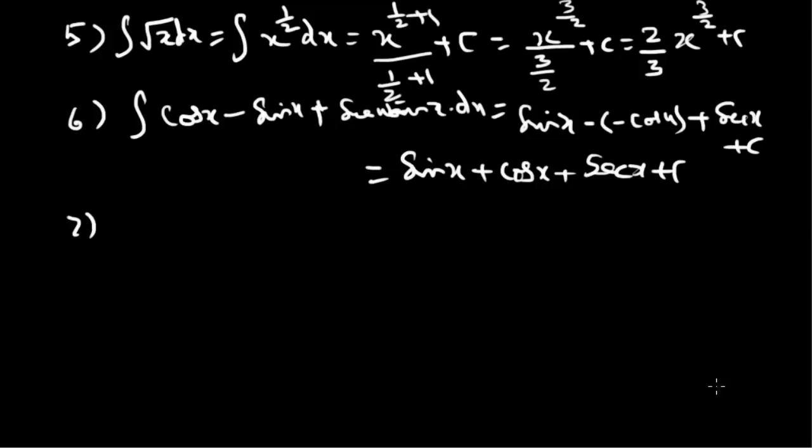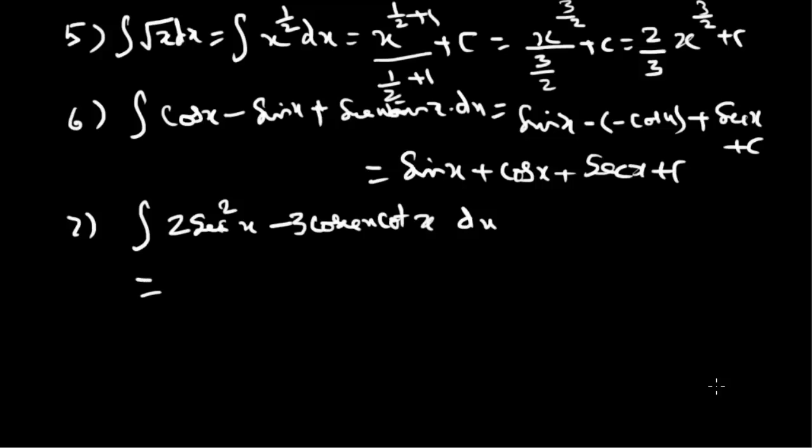Now, seventh problem. Sometimes the coefficients will also be there, constant coefficients. They need not be integrated, the constant can be taken out. So, integral 2 secant squared x minus 3 cosecant x into cot x into dx. You can see this is secant squared x, not sin squared x.